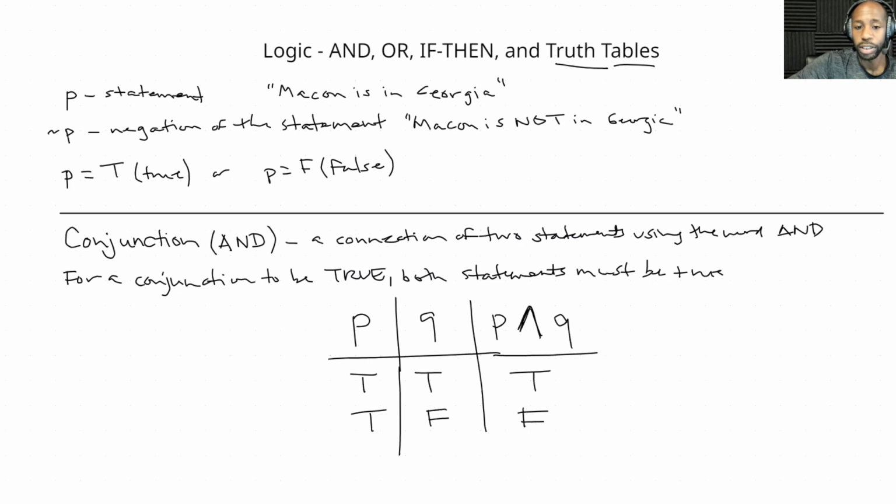If this is false and this is true, still false. And then if this is false and this is false, this is false. Again, we know that because the only time that a conjunction will be true is if both statements are actually true. All right, let's keep it going.